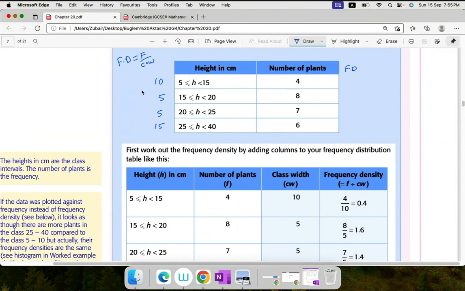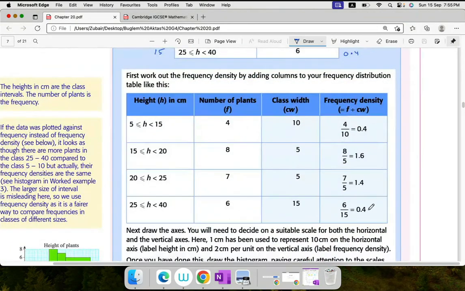So 4 divided by 10 is 0.4. 8 by 5 is 1.6. 7 by 5 is 1.4. 6 by 15 is 0.4. So now we have the frequency density.